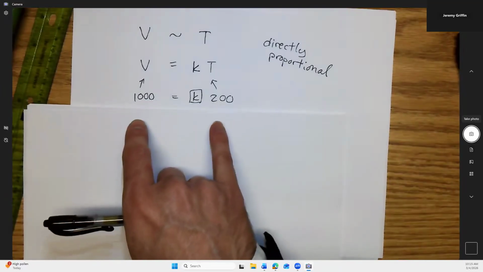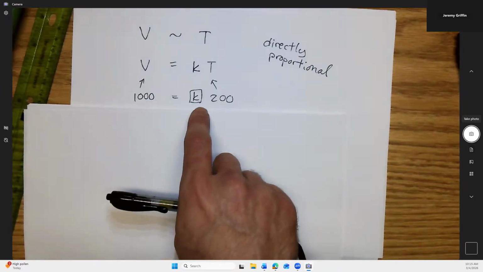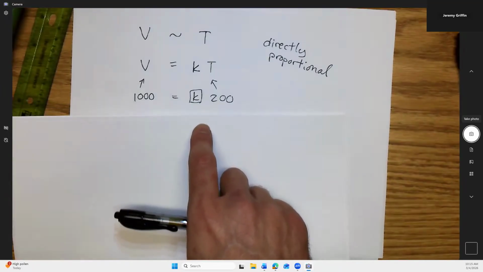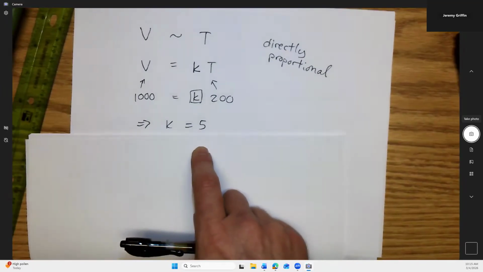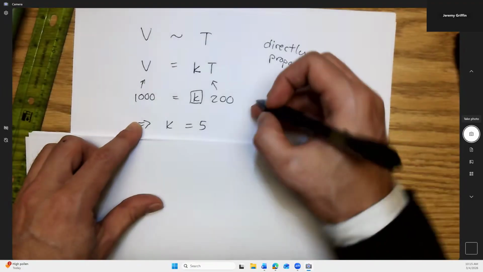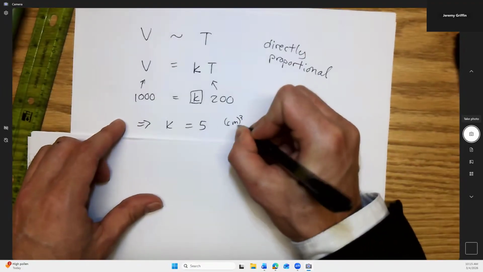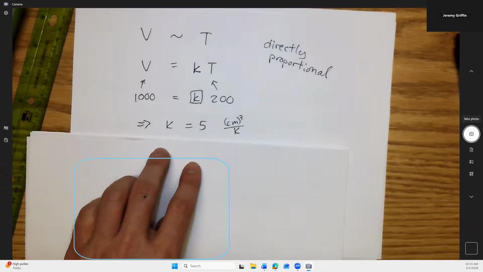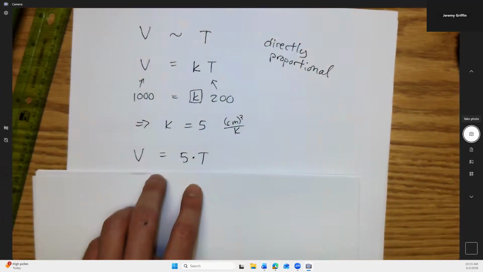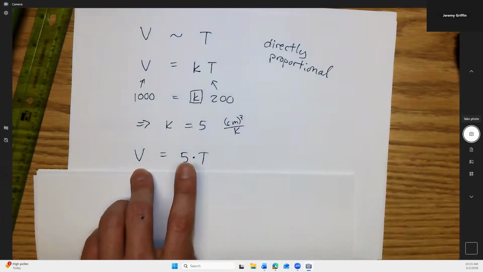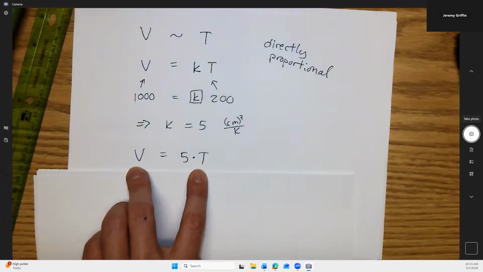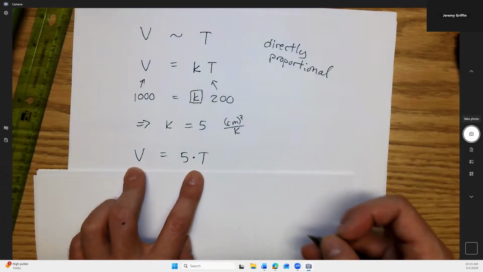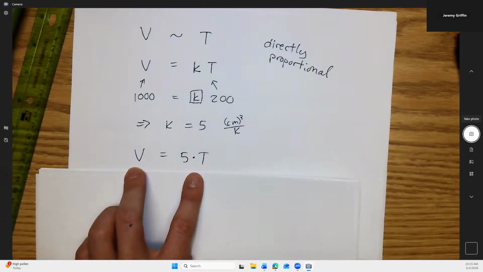I dropped all the units, just look at the numbers. So the K can relate those. Do you guys see that K is going to be 5 in this case? The unit would actually be cubic centimeters over Kelvin, but neither here nor there for the numbers. So now you can create this equation. V equals 5T, as long as you're working in Kelvin and cubic centimeters.